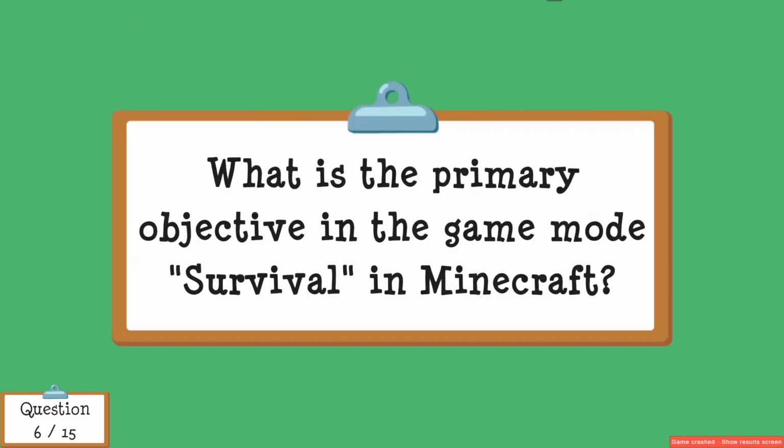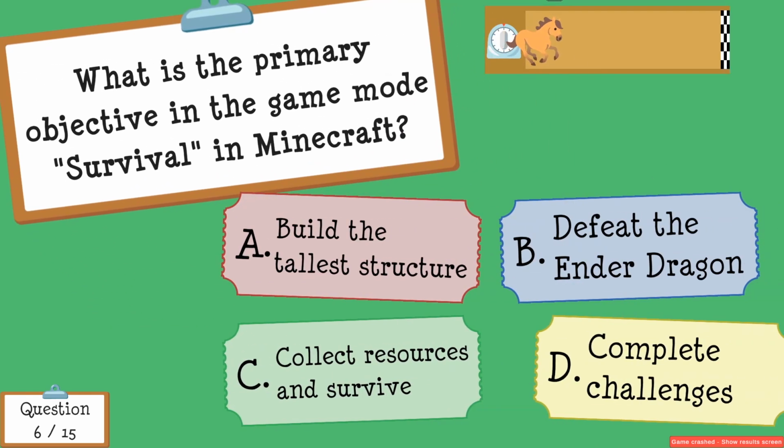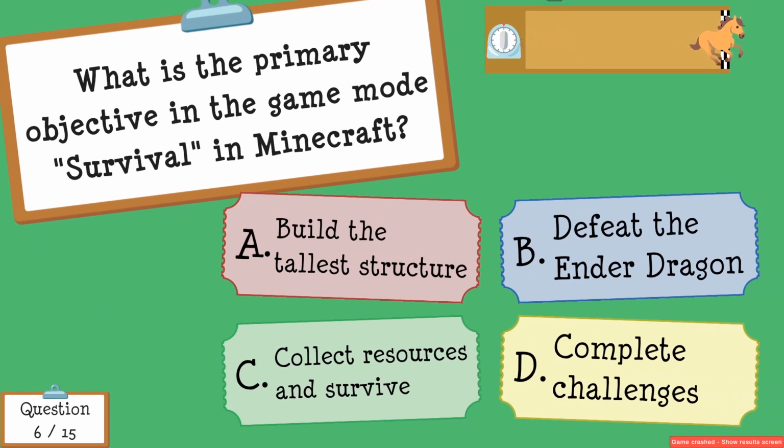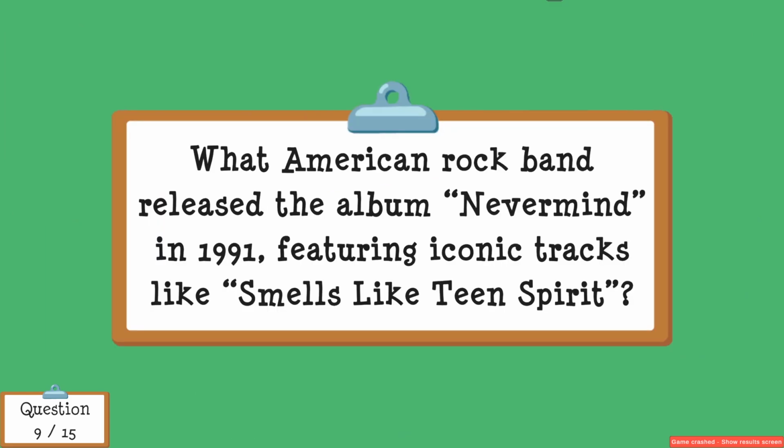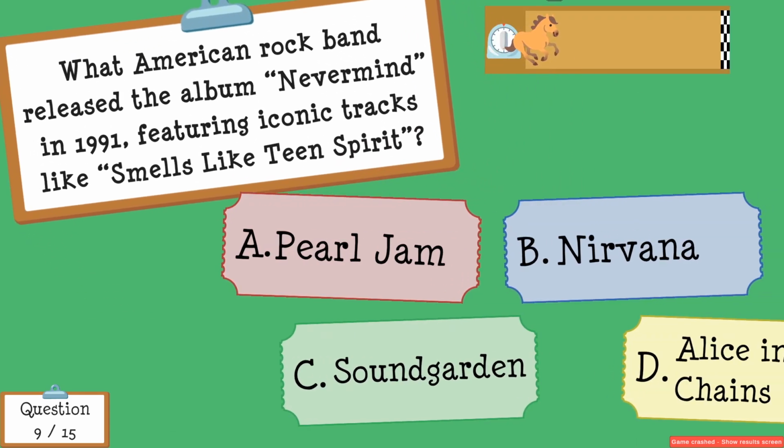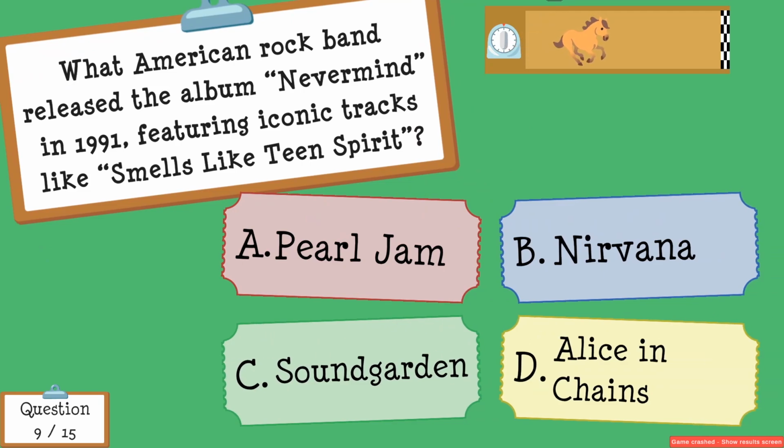What is the primary objective in the game mode survival in Minecraft? Time to unveil the answer. Next question. What American rock band released the album Nevermind in 1991, featuring iconic tracks like Smells Like Teen Spirit? Let's put an end to the suspense.